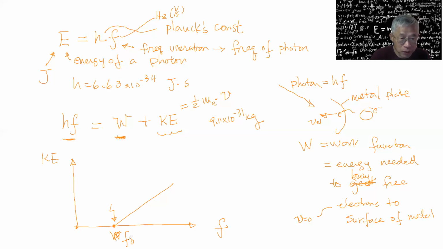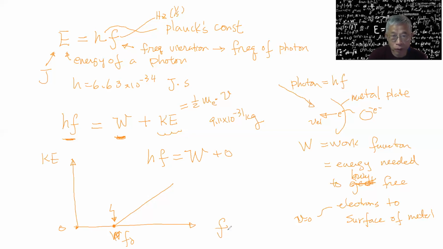If you only have f0, then your energy will be basically equal to hf, which is equal to W plus 0. So that point is right there. You have kinetic energy equal to 0. So this hf is just enough to overcome it, so the electron will come out to the surface with velocity equal to 0. And that is the frequency of the photon that you have.